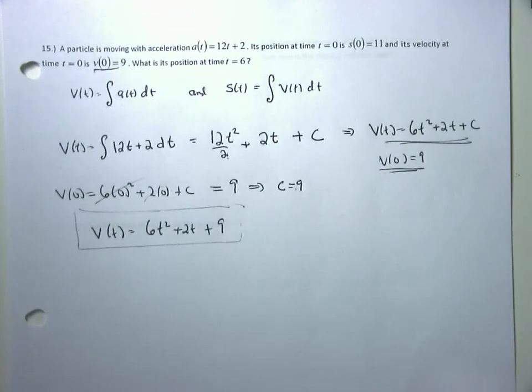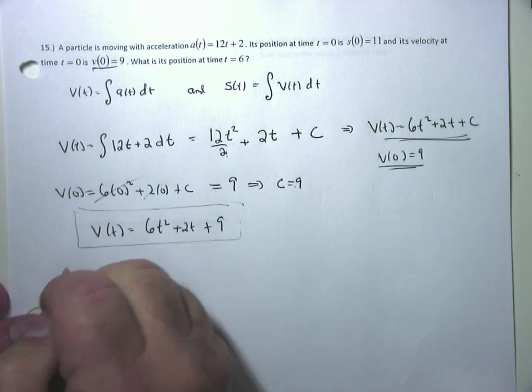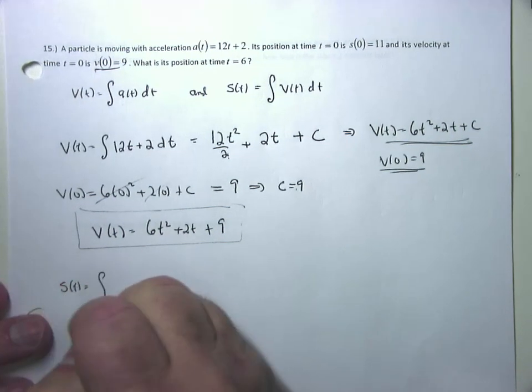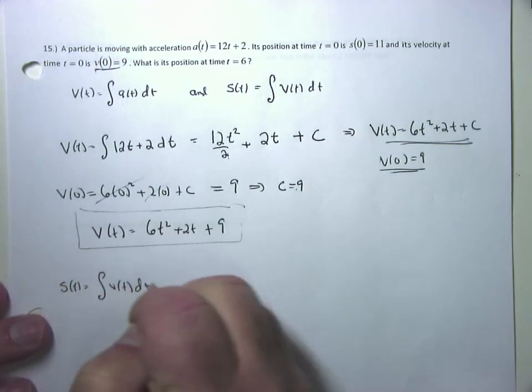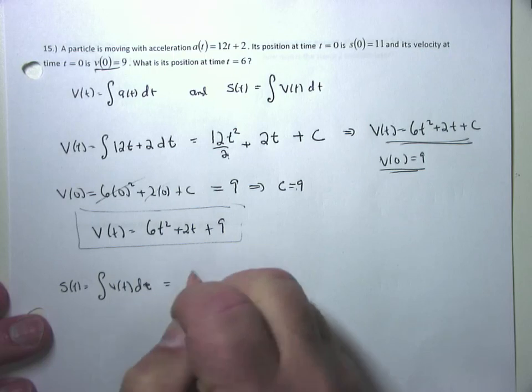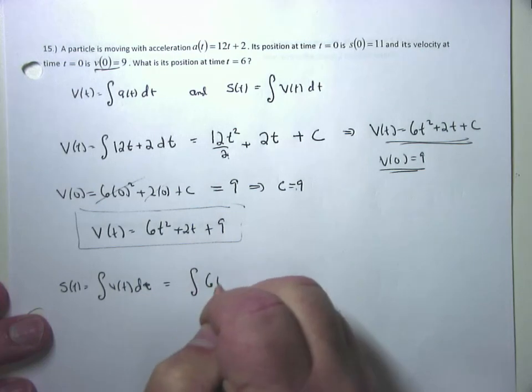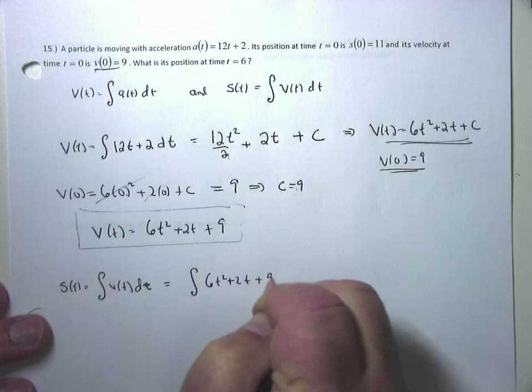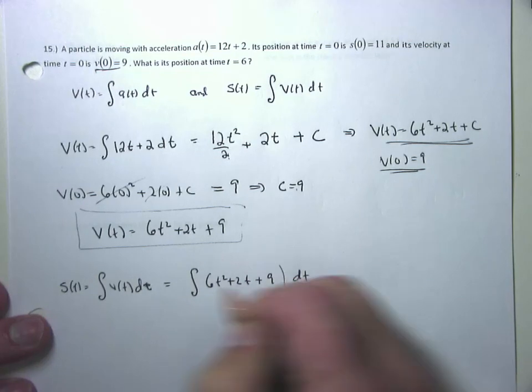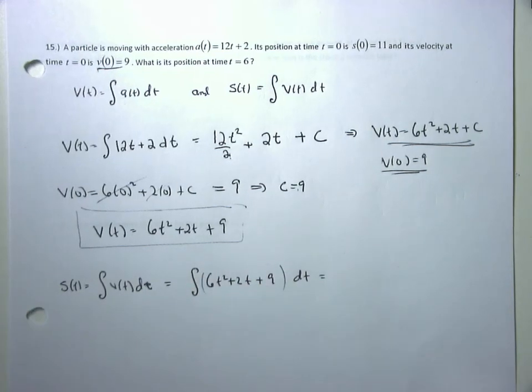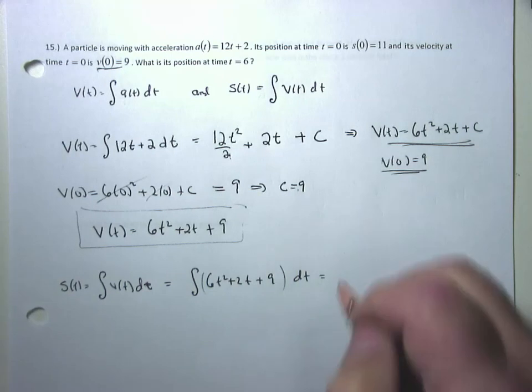There's the velocity function. That's not what they wanted. They want position. So to get position, I've got to integrate the velocity function with respect to t. So integrate 6t squared plus 2t plus 9 with respect to t. 6 is a constant, leave it alone.